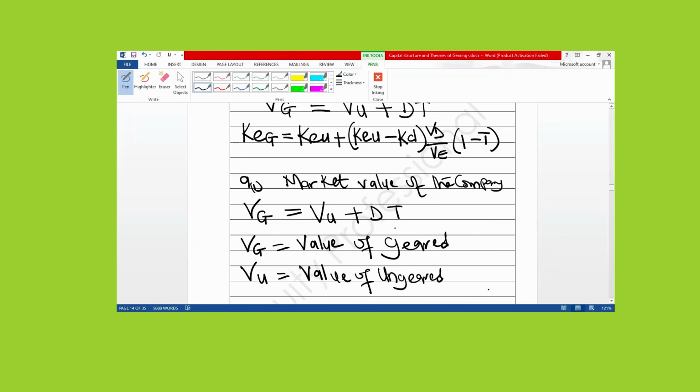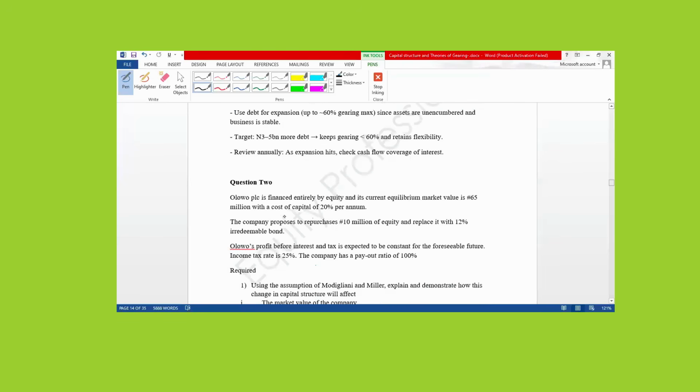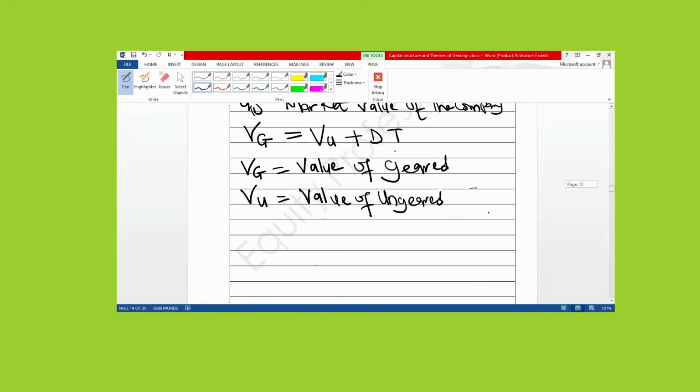Return to the question. If the company is financed entirely by equity, that makes the company ungeared. The current equilibrium market value, 65 million. This 65 million represents value of ungeared. When the company is ungeared, value of ungeared, 65 million.